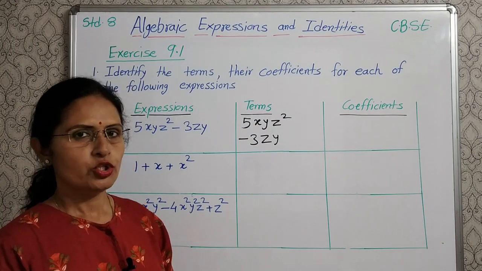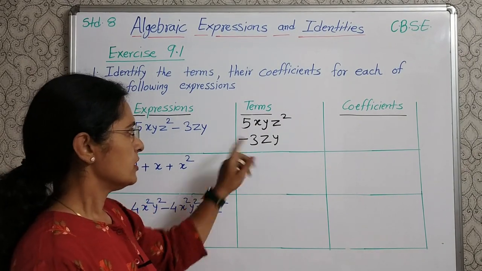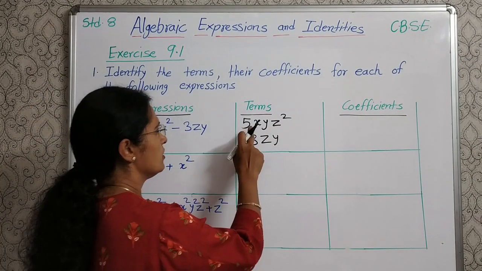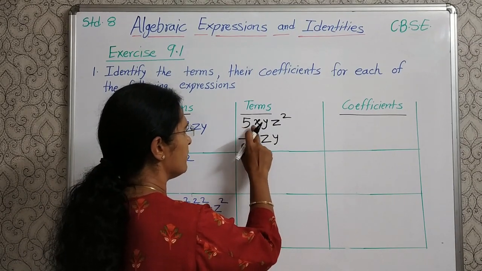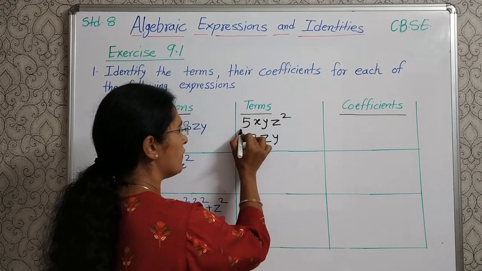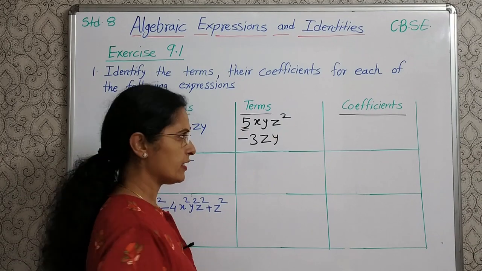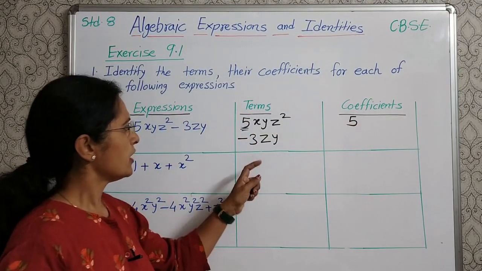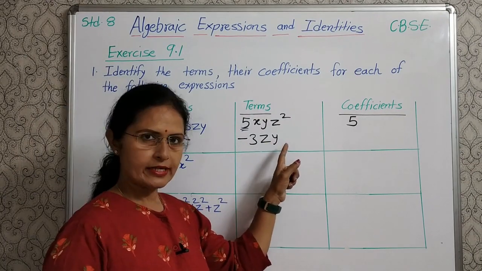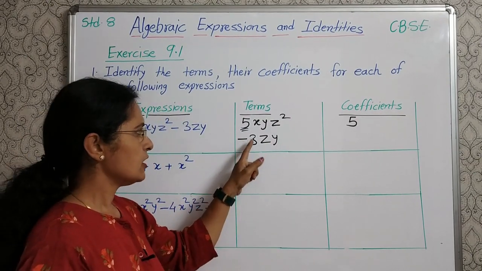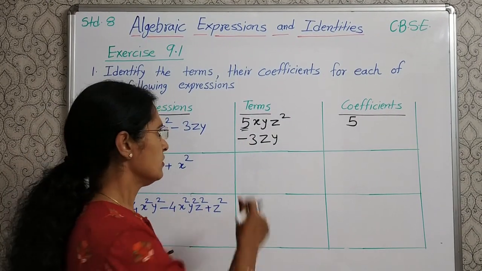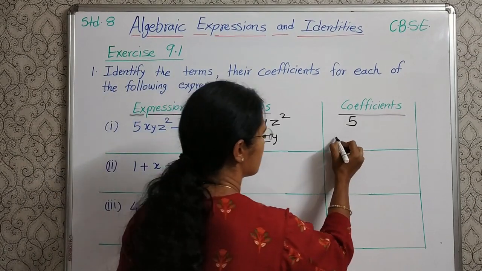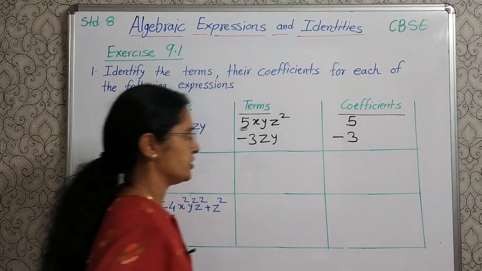Coefficient is a numerical factor of the term. So here in this term 5xyz square, 5 is the numerical factor and therefore 5 is the coefficient. Next, minus 3zy. Here minus 3 is the numerical factor in this term, therefore minus 3 is the coefficient.